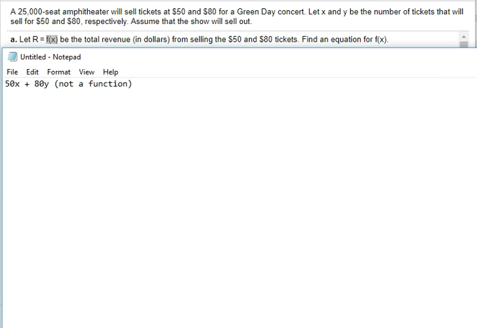One of the ways to think about it is to think about how much money you would make if you sold all of your tickets for $80 and then subtract off the amount that you would lose for selling some of them for $50.